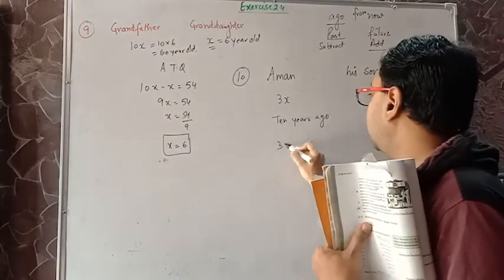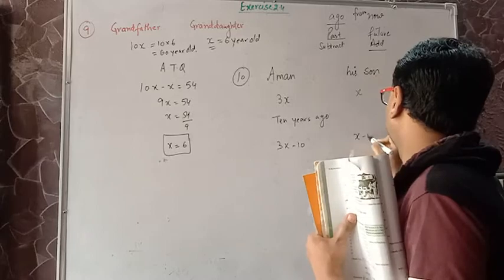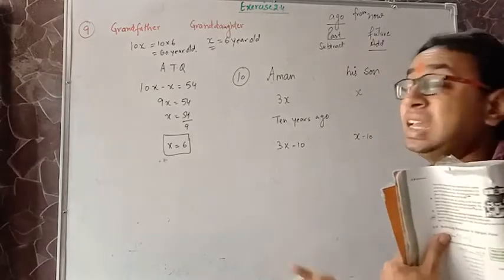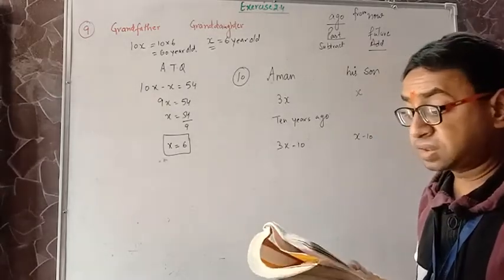So 10 years ago means, and it is given that he is 5 times his son's age.